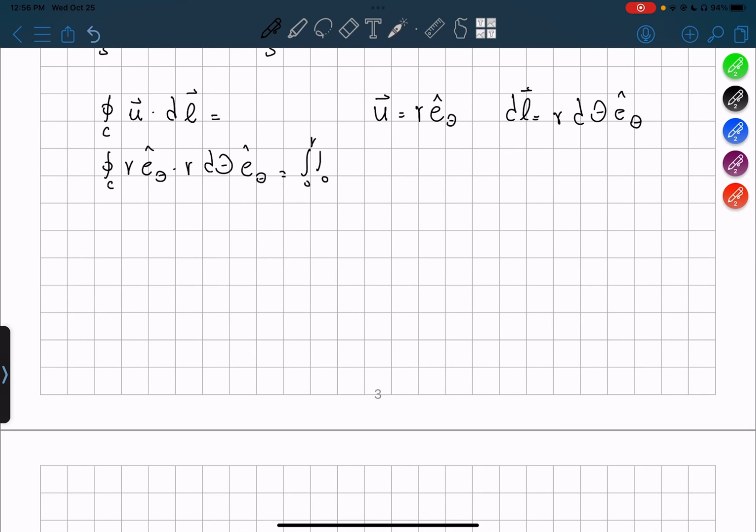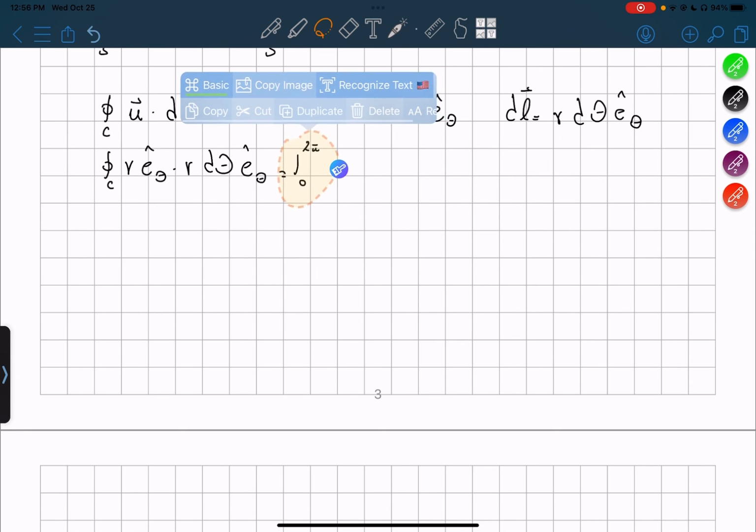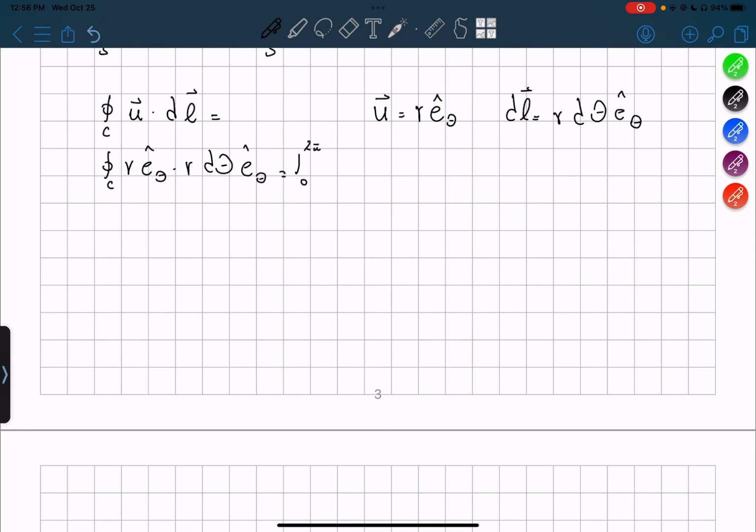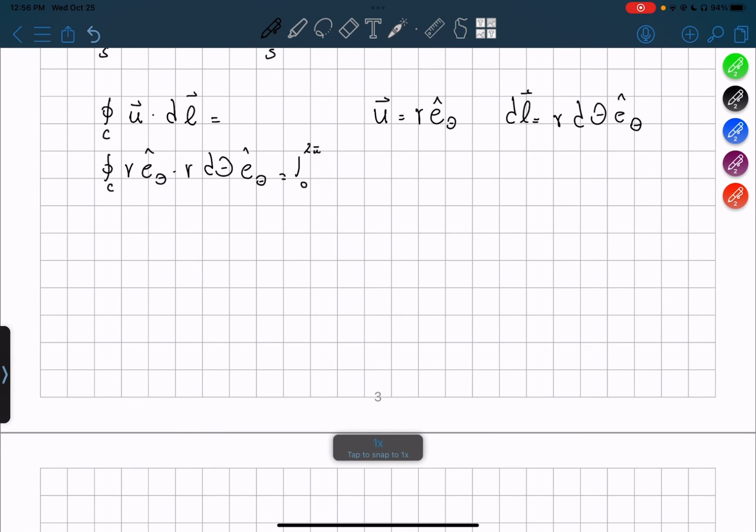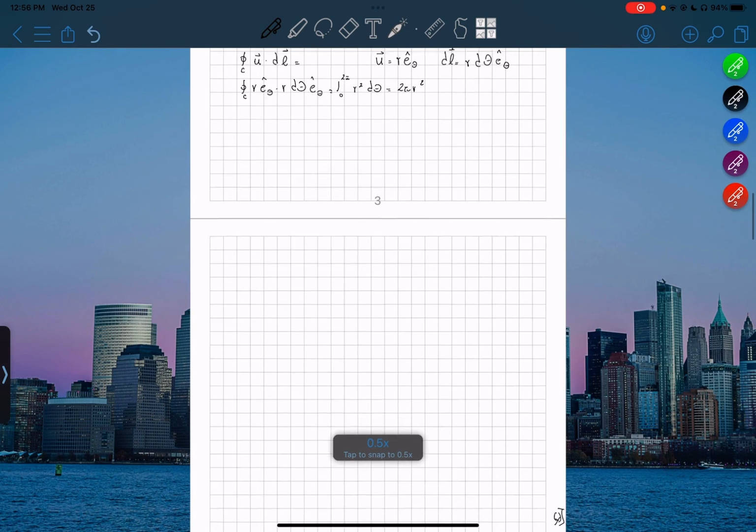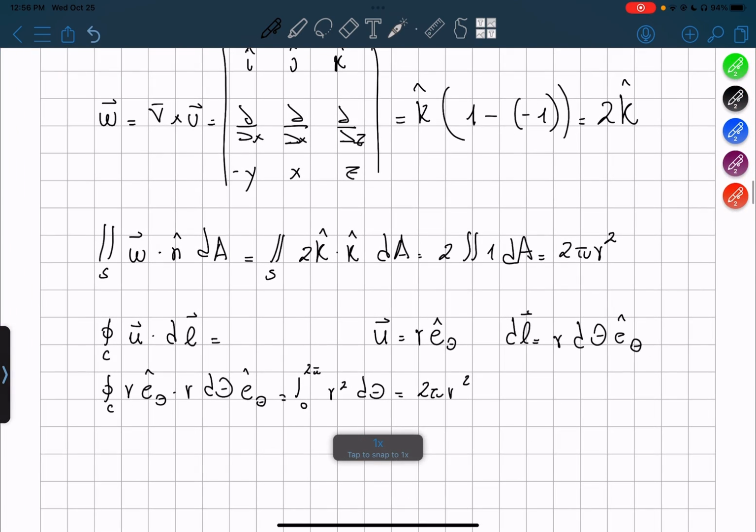So we get, well, actually u in this case is already given to us, so it's the velocity. So we just have r squared d theta, which ends up being 2 pi r squared, which is, oh, it was right here, the same answer that we got from the first one.